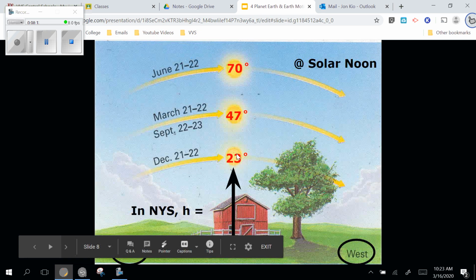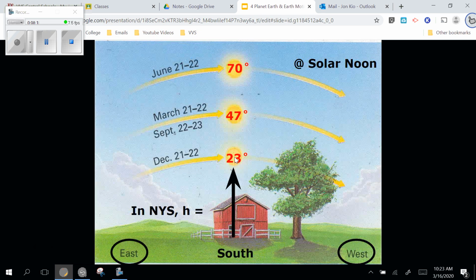We always look to the south to see the sun. North to see Polaris. Okay, North Star, north. Notice on the equinoxes, fall and spring, it's a little bit higher in the sky. And then in summer, it's highest in the sky, up around 70 degrees above the horizon.